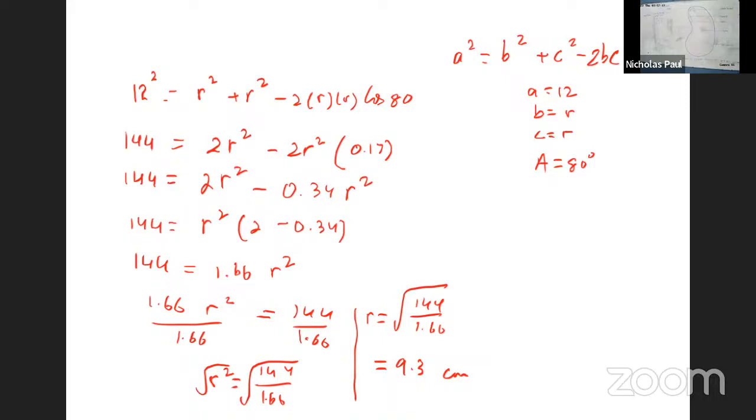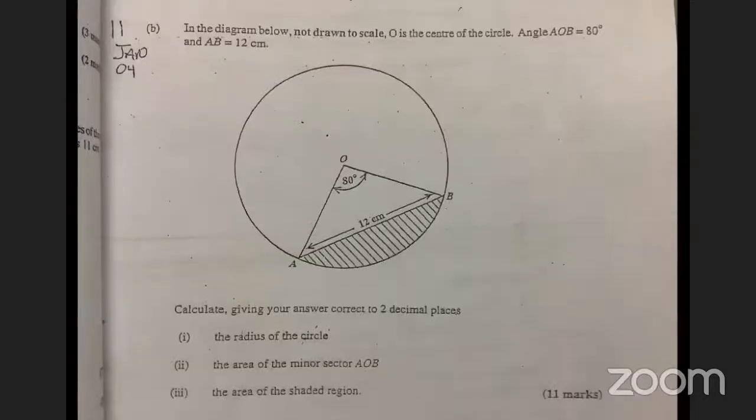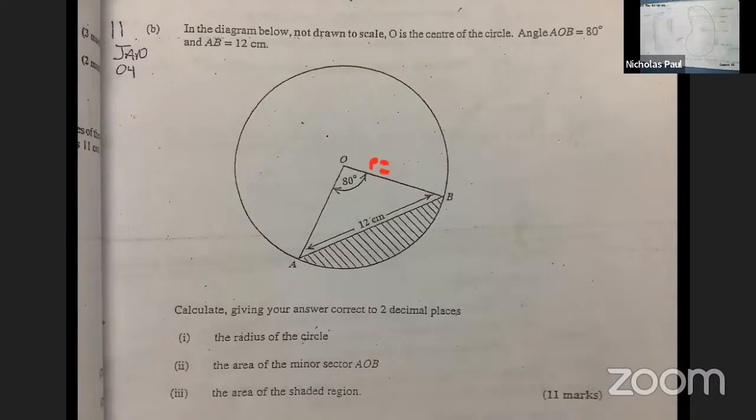Finish? All right, next part. All right, so we said R is what? 9.3, right?